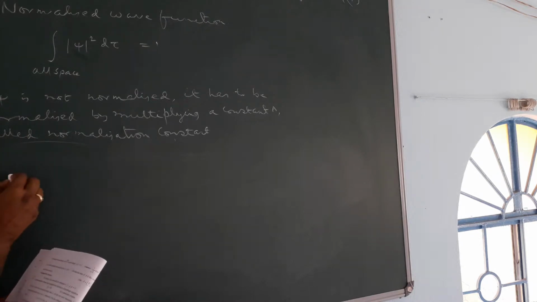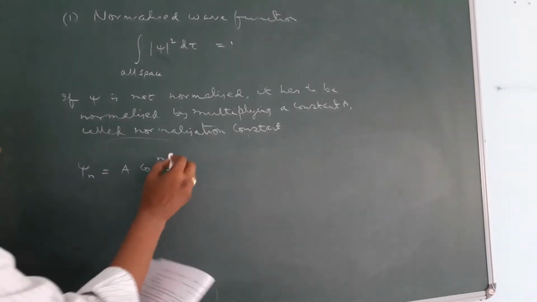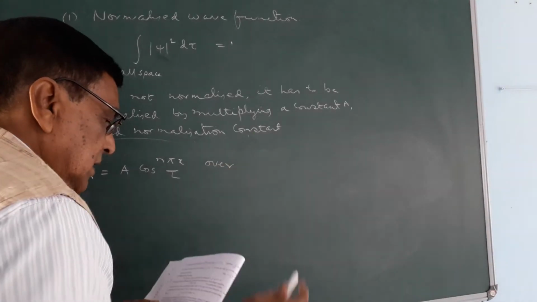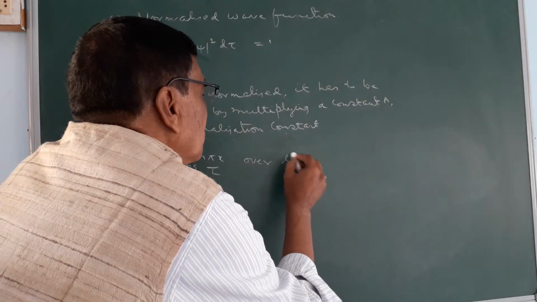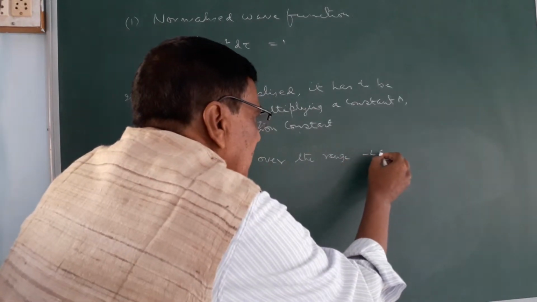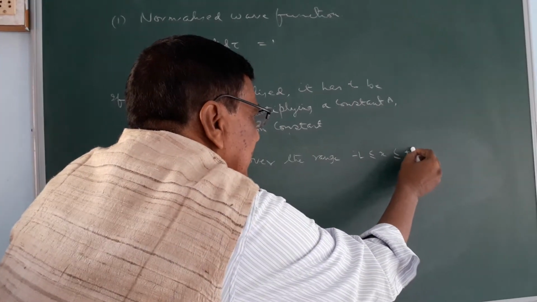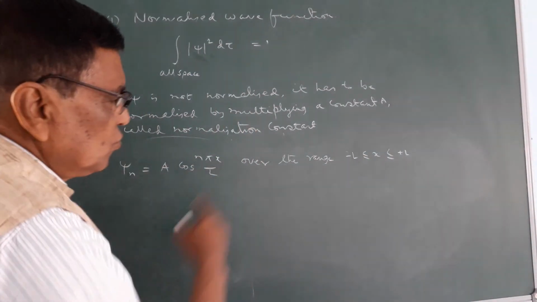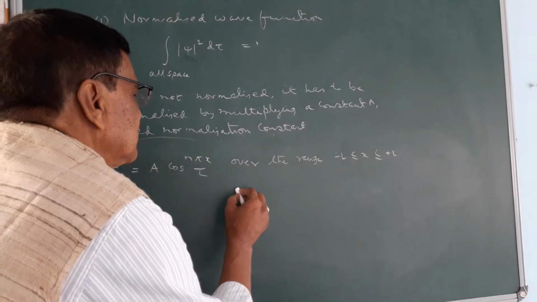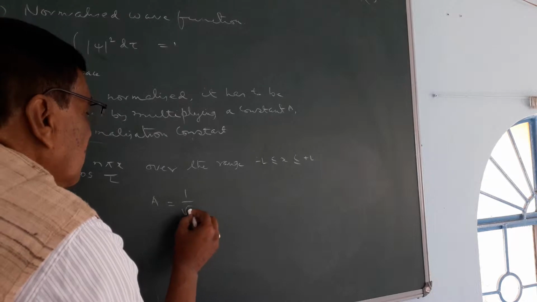Say psi n equal to A times e to the power i n pi x by L over the range minus L to plus L. If we do it the same way as we have shown, A will be found to be 1 by root over 2L.